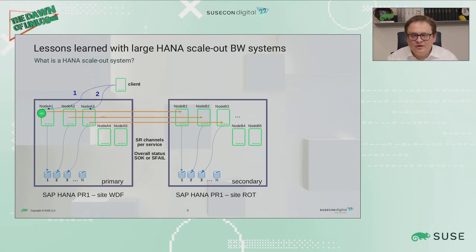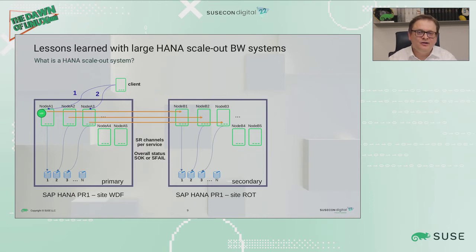Business warehouse implies that in comparison to ERP HANA systems, you have a quite high number of nodes and comparatively small nodes as far as memory is concerned, which means that you not only have many HANA nodes, but that you also have, of course, many cluster nodes. And this implies a couple of tweaks that you need to think about, and this is what I'm going to talk about in the next couple of minutes.